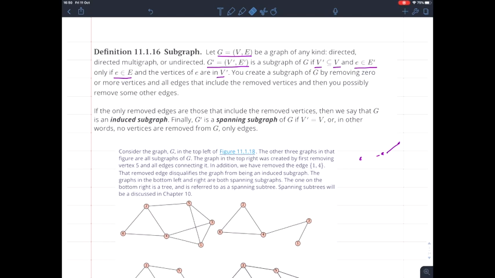So for example, we could remove that edge, in which case we're just left with this graph here. And notice, if we check this, our vertex set of the new graph was included in the vertex set of the old graph. I haven't put in any new vertices. And our edges are only edges that were originally in the old graph and have vertices that are included in the vertices of the new graph.